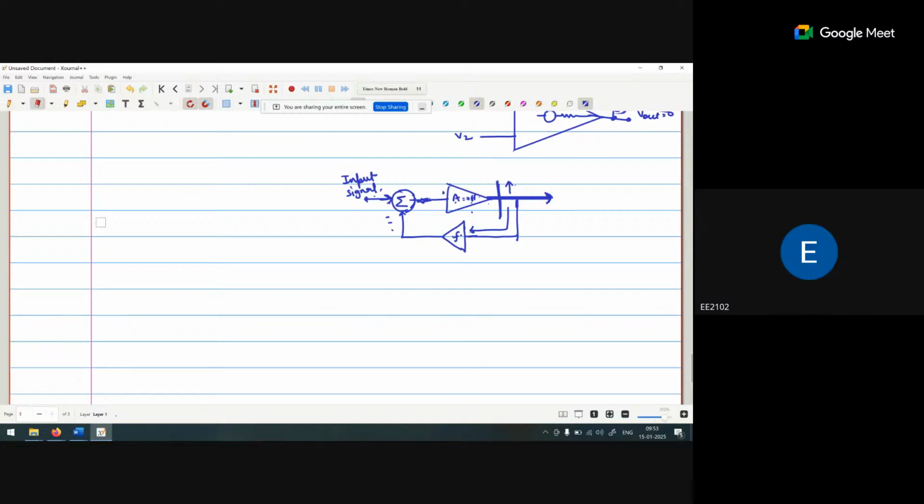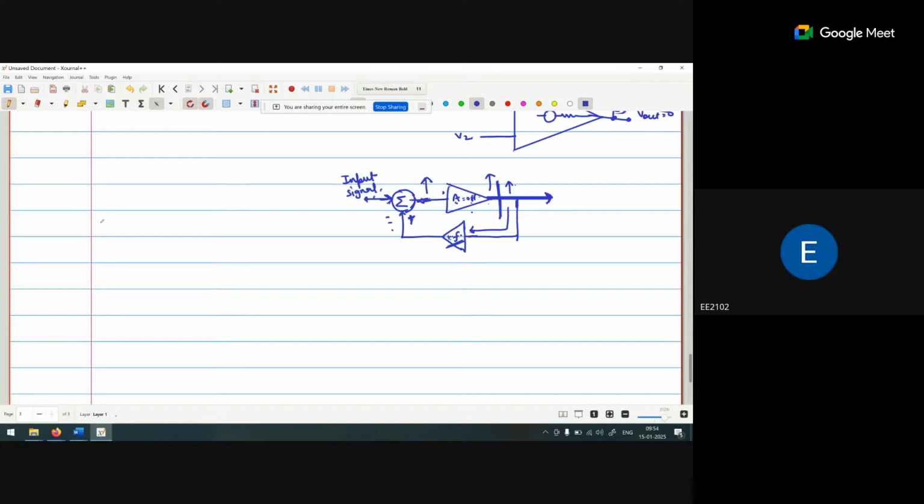So I just do that. One thing is that if I take this operational amplifier gain as plus, and this one as plus, what will happen when I increase the voltage? It will be multiplied with F, positive. Again, it will be added with the input signal. Again, it will be increasing in the same direction, and it is multiplied with A. A is again positive, so we get the same phase.